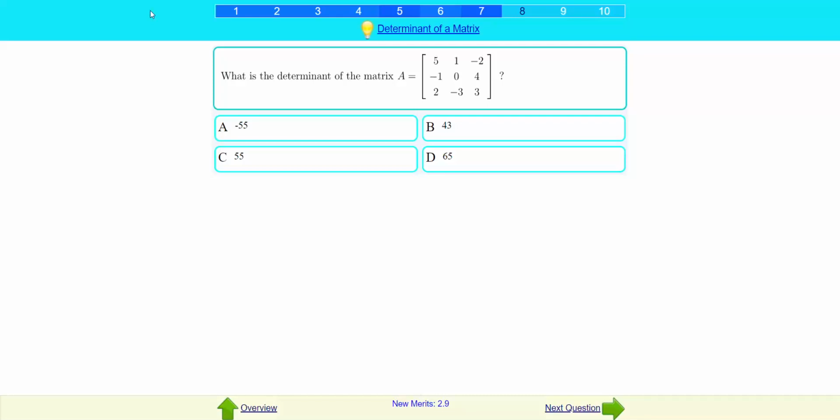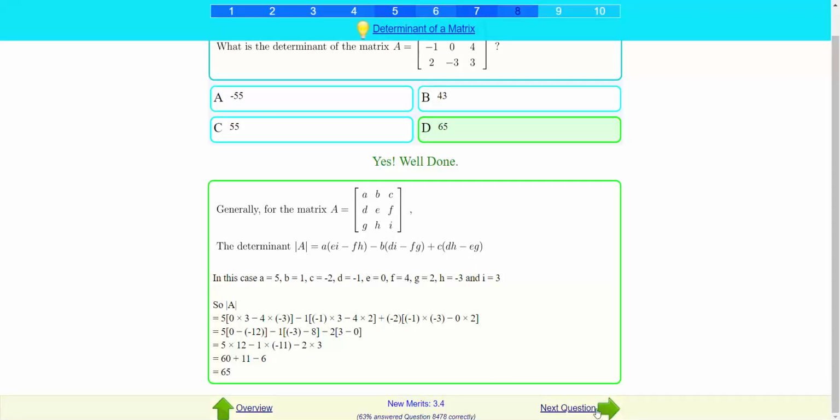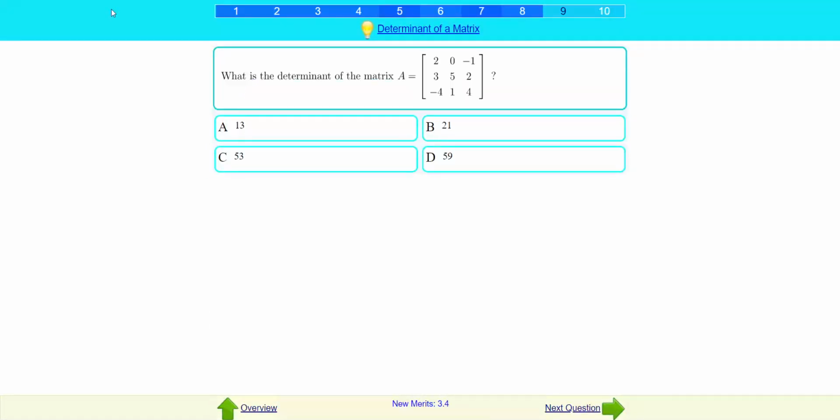Okay. And then minus 6. So the 11 minus 6 would yield 5, so we have 60 plus 5, 65. The answer is actually 65. Yeah, got it.